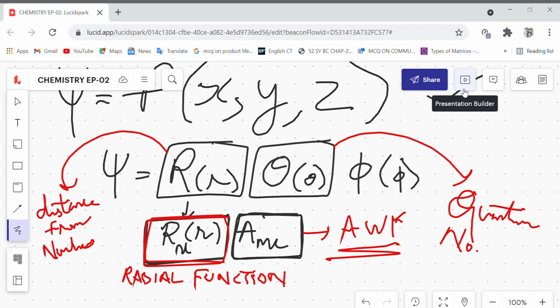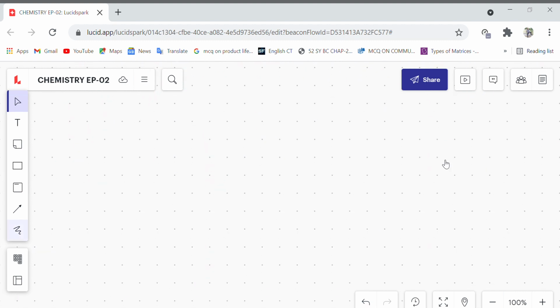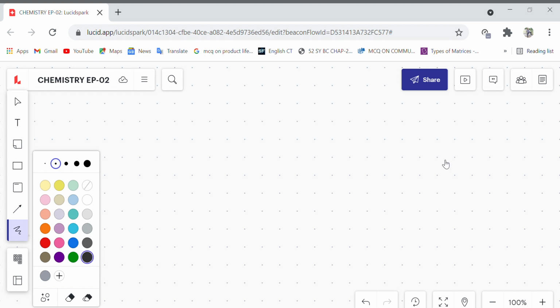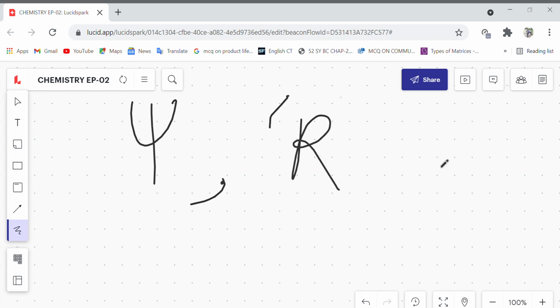So now let's discuss some of the important topics. I will tell you about some facts. Just like psi, our R has no physical importance, and R square is the probability of finding the electron.